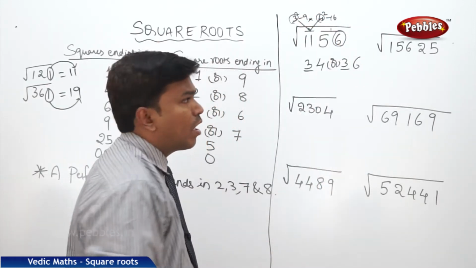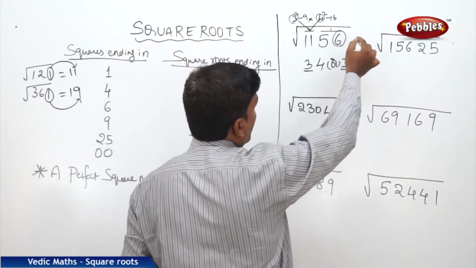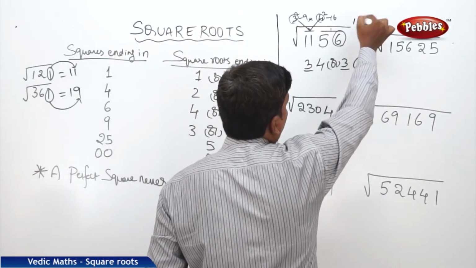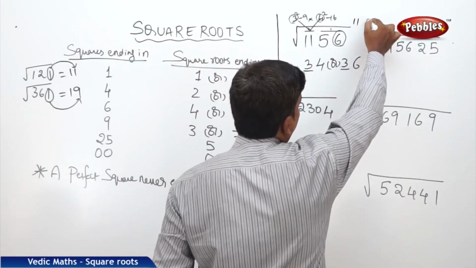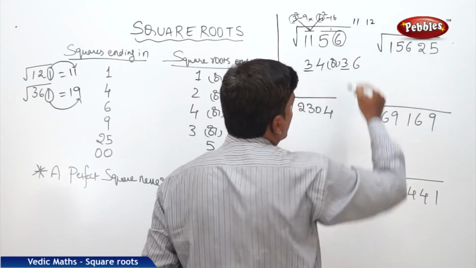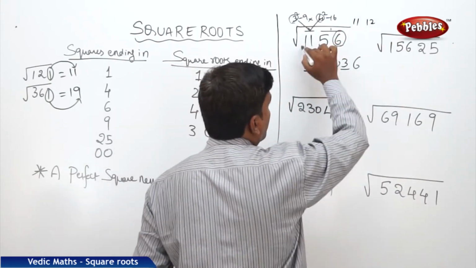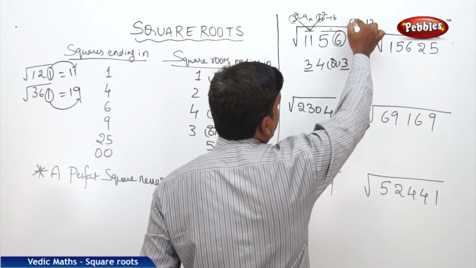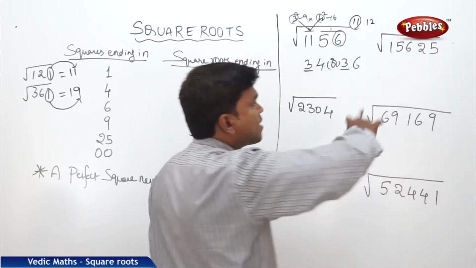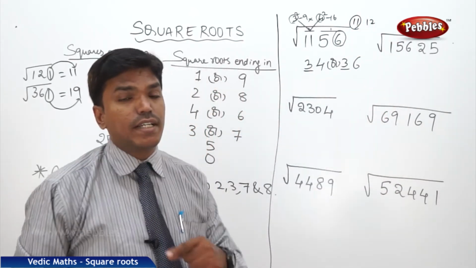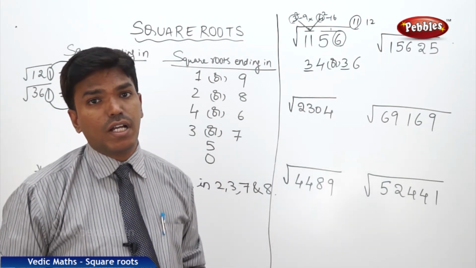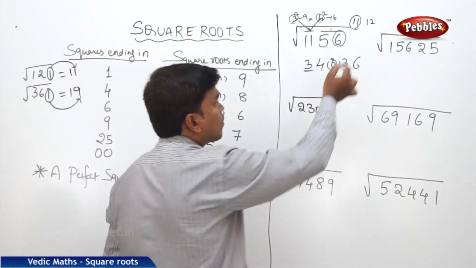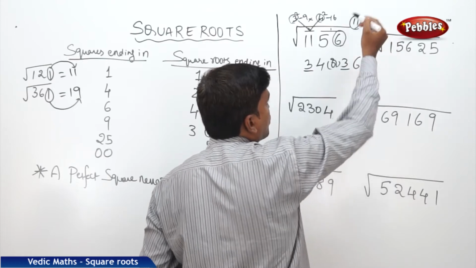Yes or no? Now compare the second partition number 11 with 12. Is 11 greater than 12 or less than 12? Less than 12. Yes or no? 11 is less than 12.